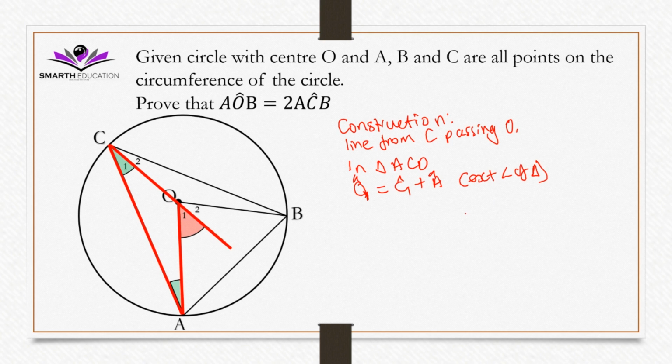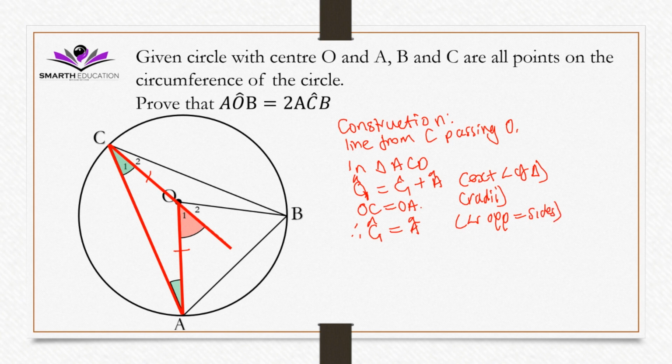But now we know that CO, or OC, is equal to OA, since they are radii. So this side is equal to this side since they are radii. So therefore angle C1 is equal to angle A. These are angles opposite equal sides.